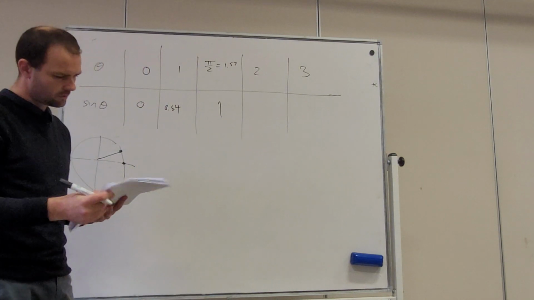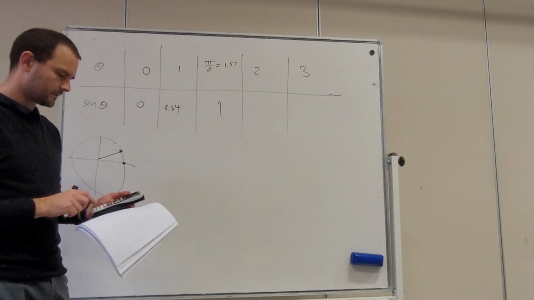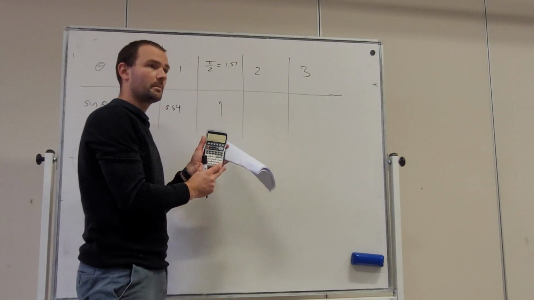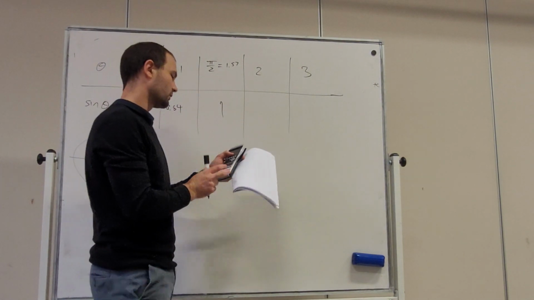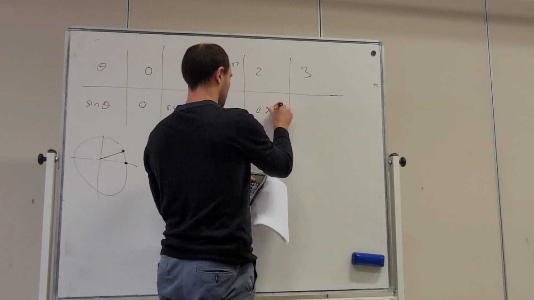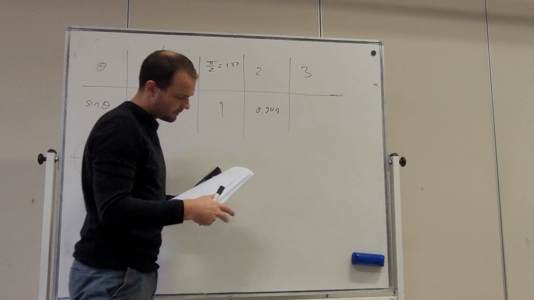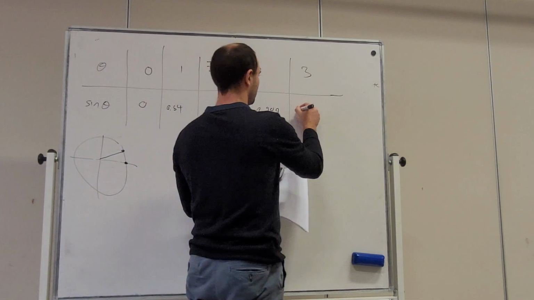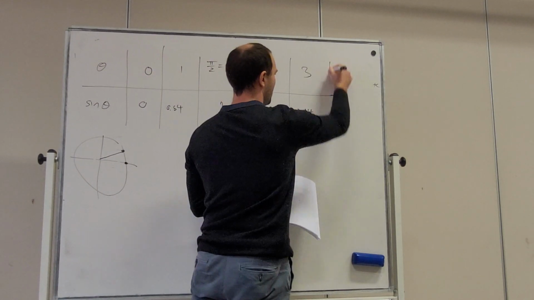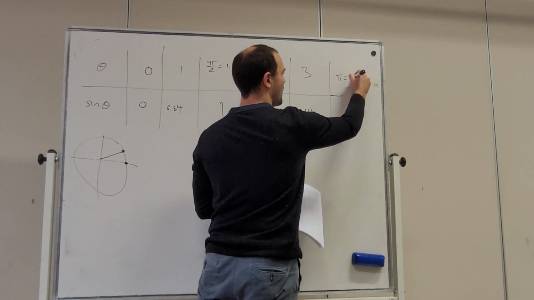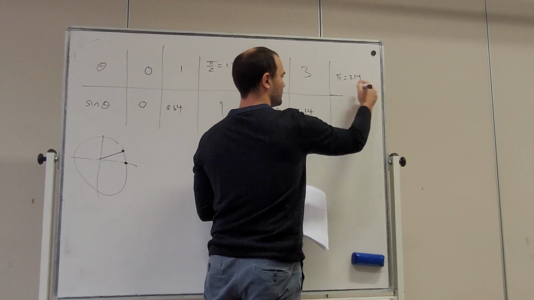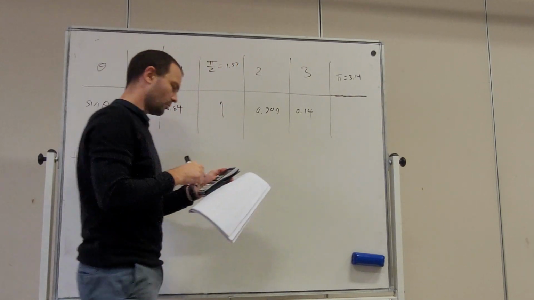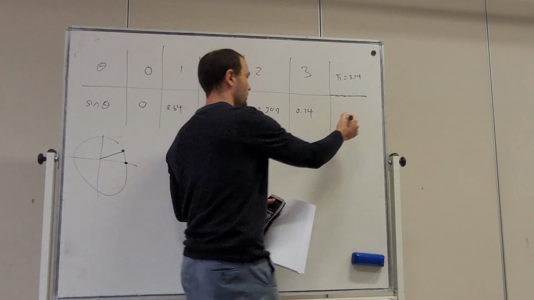How about sine of 2? In my calculator, I'm just typing in sine 2. I've got 0.909. And then sine of 3 is 0.14. And then sine of pi, and remember pi is 3.14, sine of pi is 0.